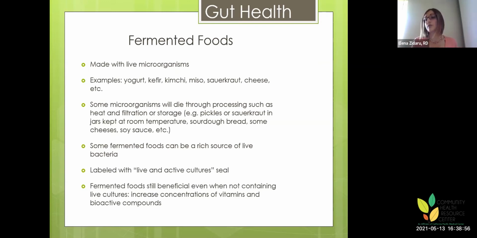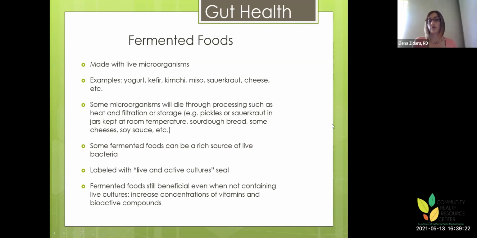But as you will see, fermented foods actually have quite a bit of benefits, regardless if they're in the probiotic category or not. So they're definitely worth eating. They should be labeled as live and active culture.